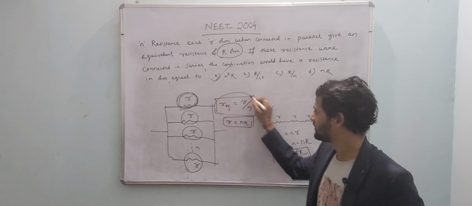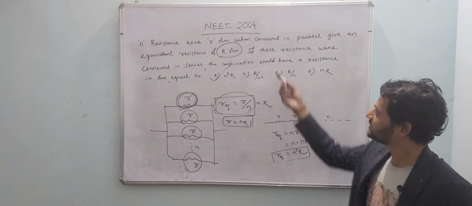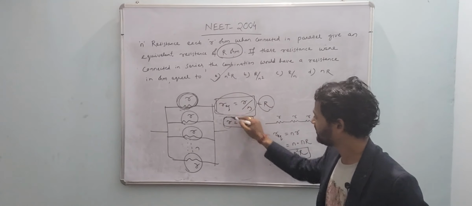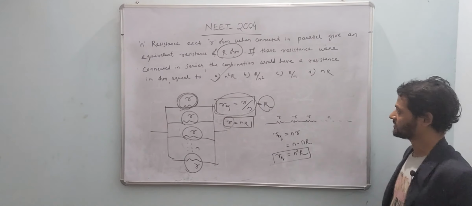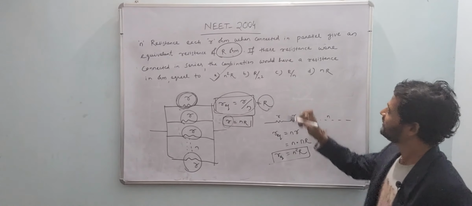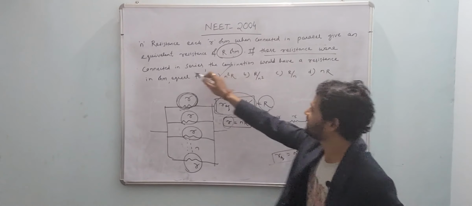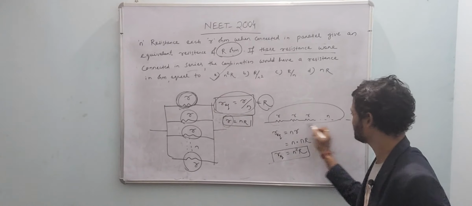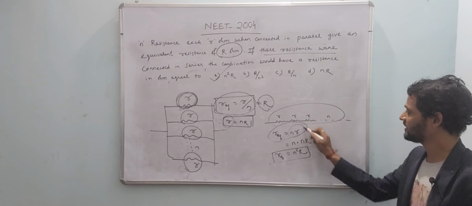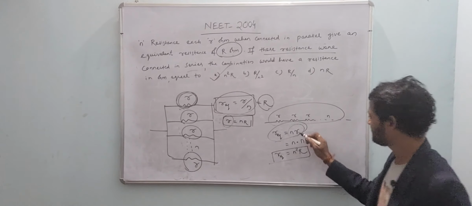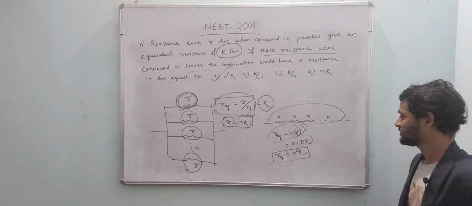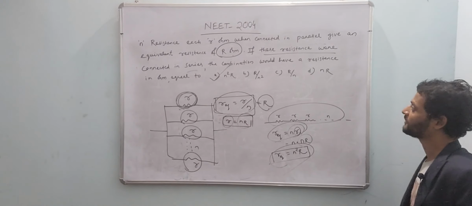Then you can find the equivalent resistance, which is r by N. As per the question, it is given capital R. So from there you can find the value of each resistance, which is N into capital R. Now these resistances were connected in series. Now you connect all the resistances, then you can find the equivalent resistance in series, that is N into small r. So in place of small r you can put N into capital R. So your answer will be N square into R. Hope you understand.